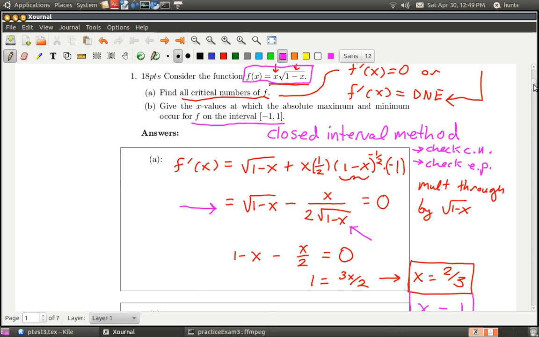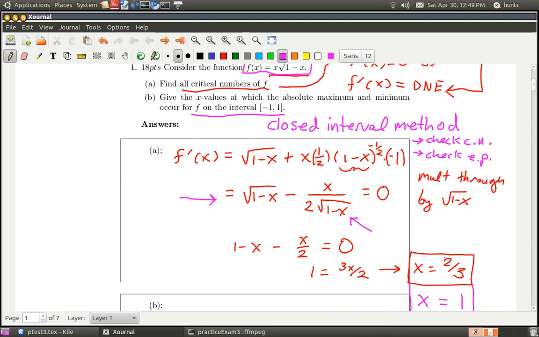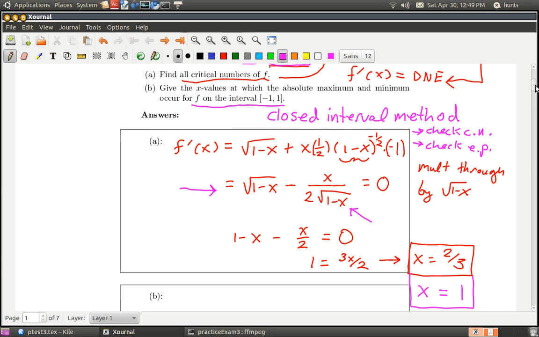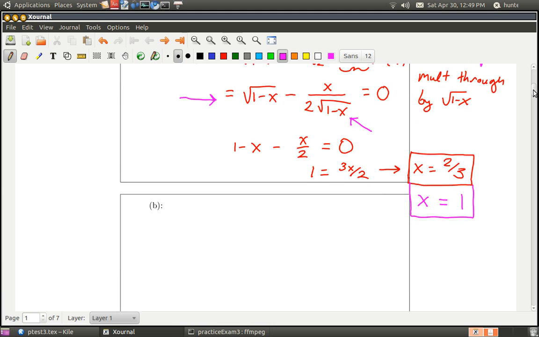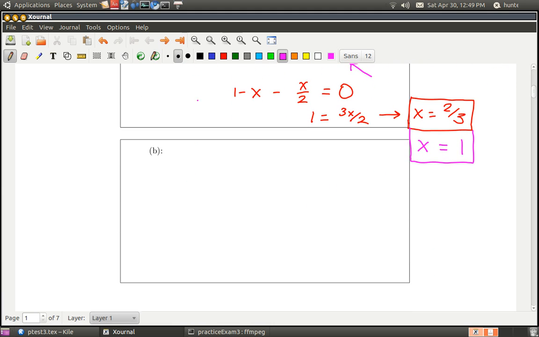So we're going to evaluate the function at 2/3 and evaluate the function at 1 and at the other endpoint -1, and then the biggest value that comes out will be the max, and the smallest value that comes out will be the min. Okay, so in other words, what we need here is f of 1, f of 2/3, and f of -1.